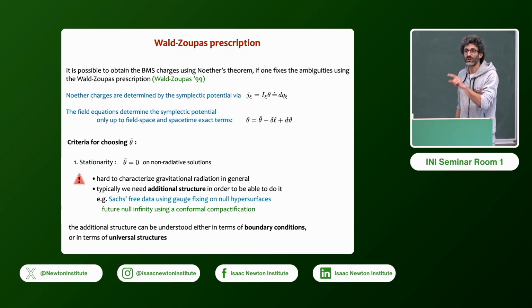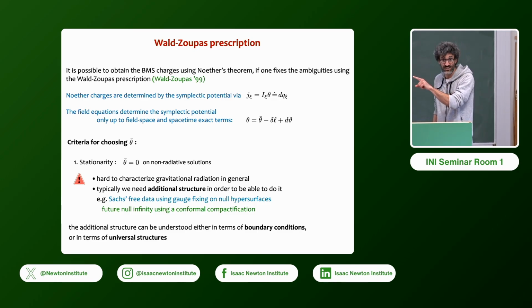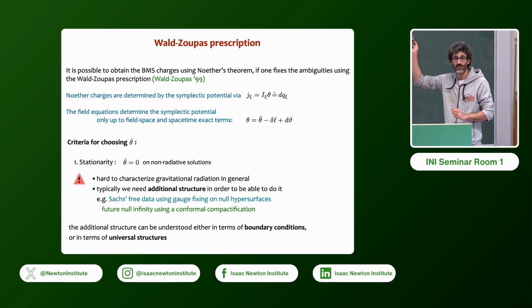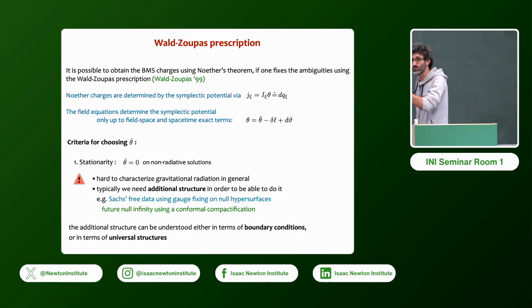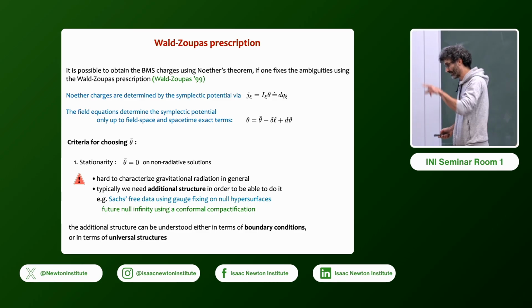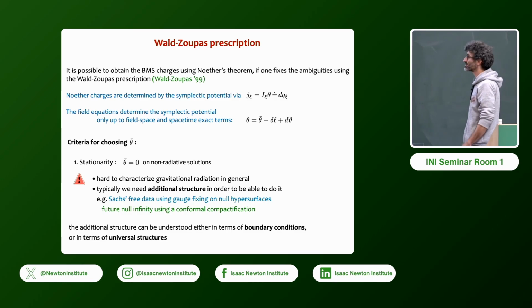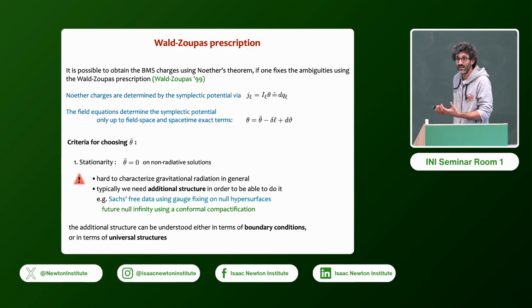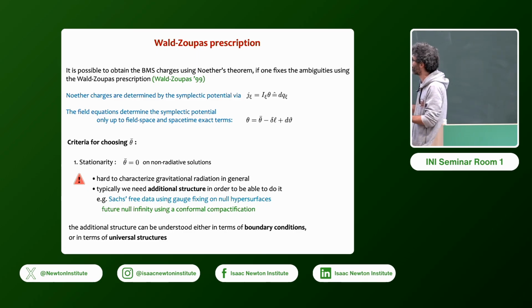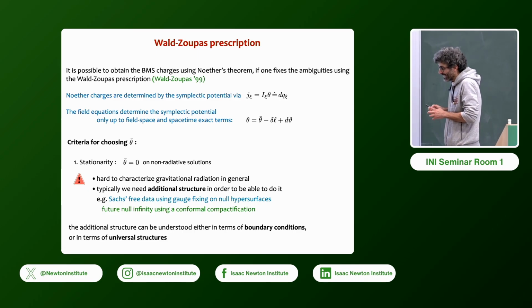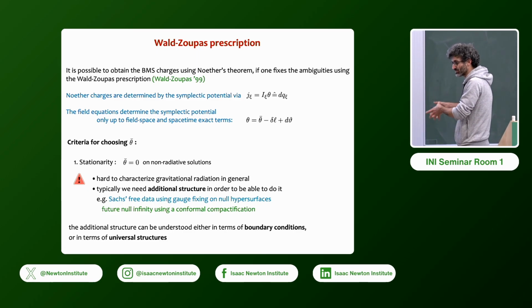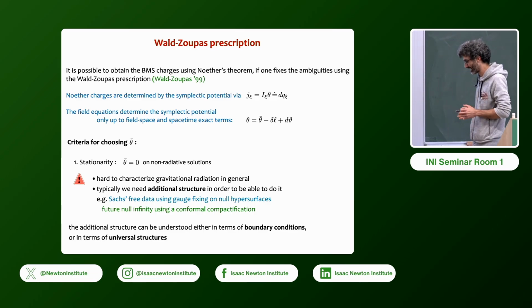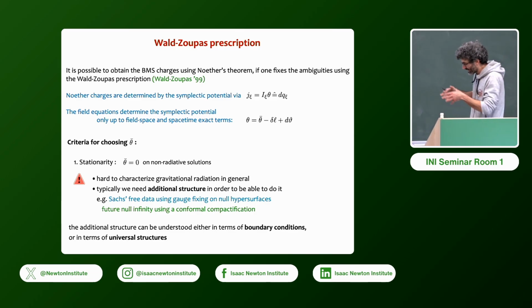But those you can only identify if you do a certain gauge fixing. You want your hypersurface to be null, you want to choose a Bondi-type coordinate system. So that's also some background structure. You would like to have a null hypersurface, and describe it using a null vector with some properties. So typically, it's through the addition of non-dynamical structure that we take those as benchmarks to then identify what we mean by radiation or not.